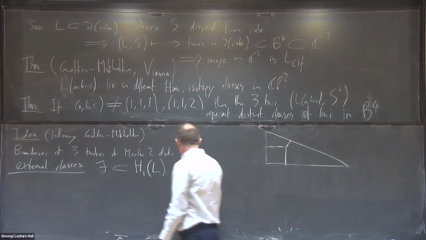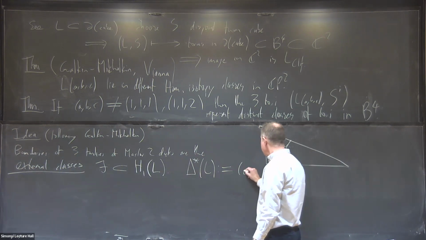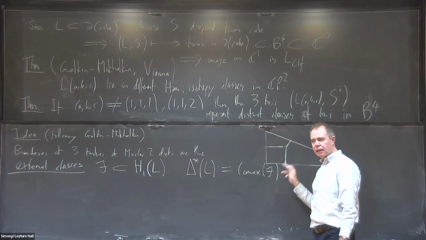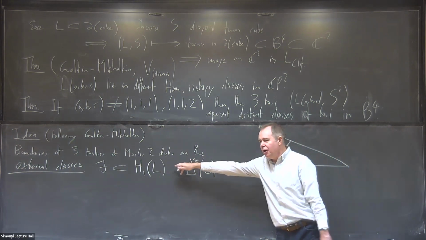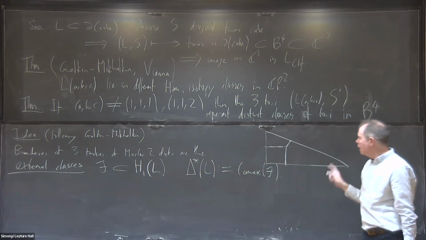And then we can define delta star L. This is just the convex hull of the extremal classes. If we take real homology, this would be a vector space, so we take the convex hull.